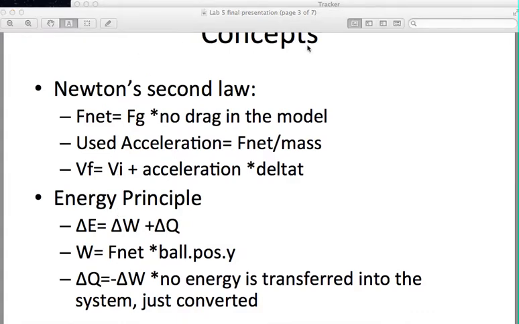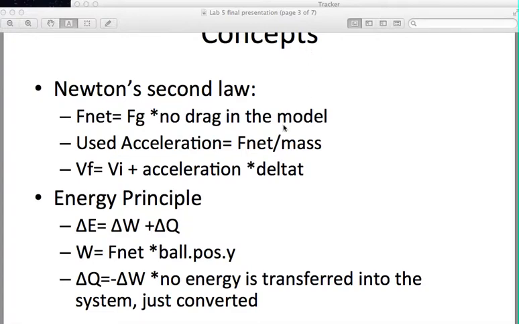In order to do this, an assumption I made was that the F net is the gravitational force only. This is because even though some drag could exist, it caused a huge underprediction in my model, which makes sense because the basketball was heavy enough and thrown with enough force that drag shouldn't have a huge effect.